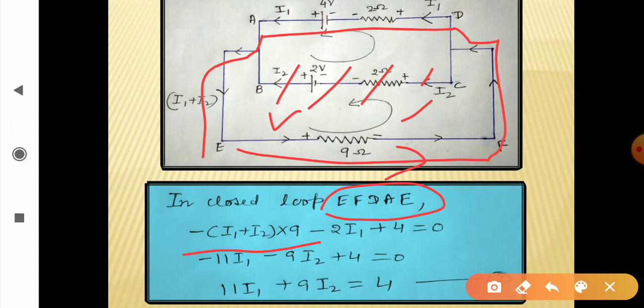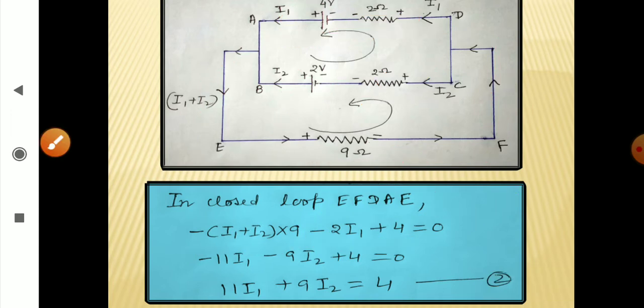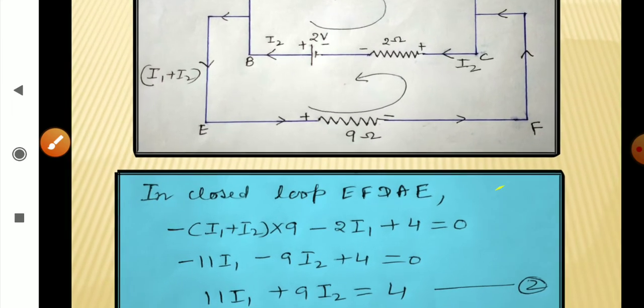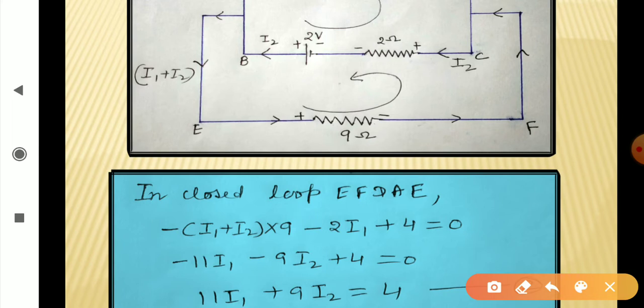Then when it moves from here through this 2 ohm resistance, you are moving from higher potential to lower potential, fall of potential, so minus 2I1, and for the cell it is rise of potential, so plus 4 volt, and now the circuit is completed, so it is equal to 0. So total algebraic sum is equal to 0, and simplifying it further, you can see the second equation as 11I1 plus 9I2 is equal to 4. So you are able to write two equations, and we will write one more equation.